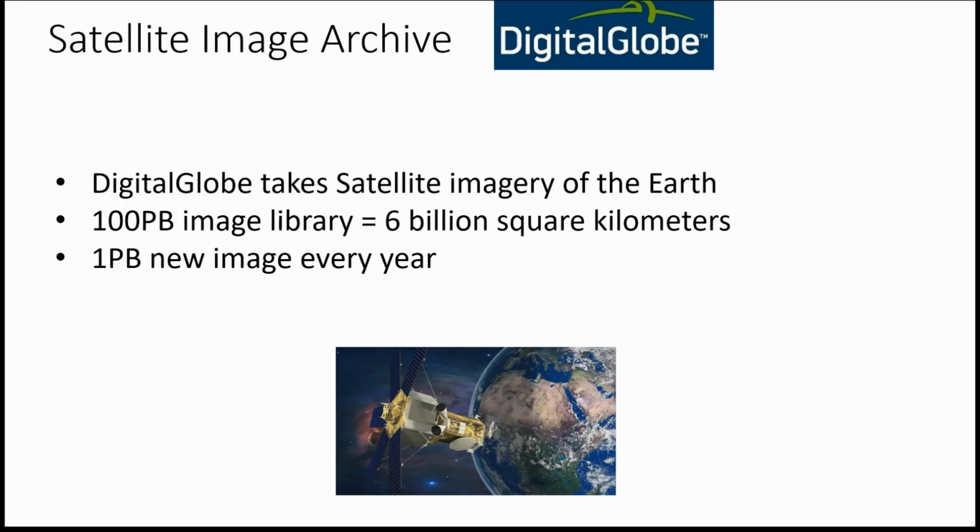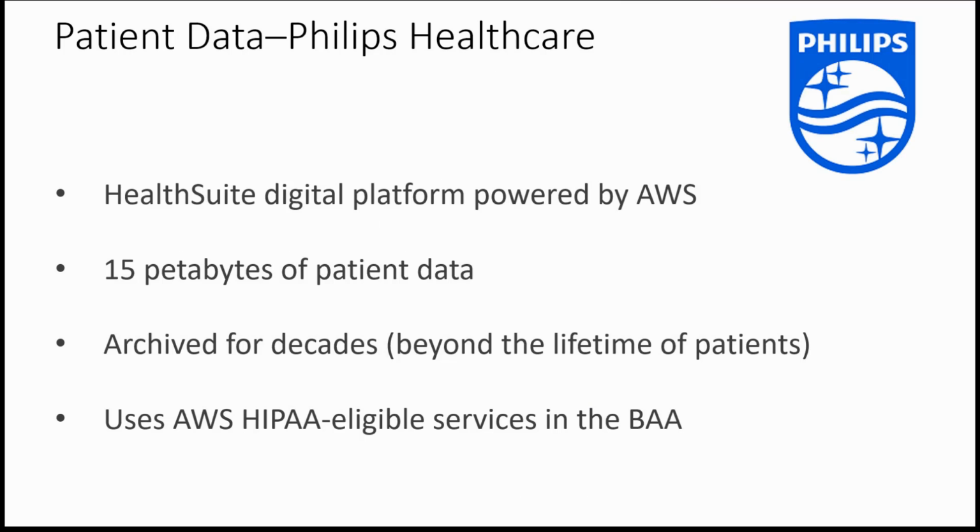They've just launched some more satellites that will take increasingly high resolution images, and so those will likely increase that petabyte rate even more. Here, they've transitioned to AWS, and they're again using a combination of S3 and Glacier to be able to serve up those images, where before they were stored on tape, so it was a lot more difficult to retrieve and access those images.